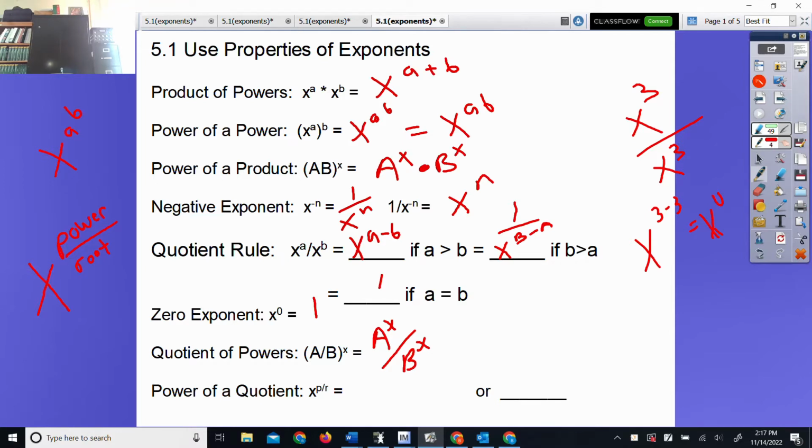So the rule says x to the p over r is the rth root of x to the p, or the one we use more often, the rth root of x, all to the p. It's easy if you understand what r stands for. It's easy if you understand what p stands for.